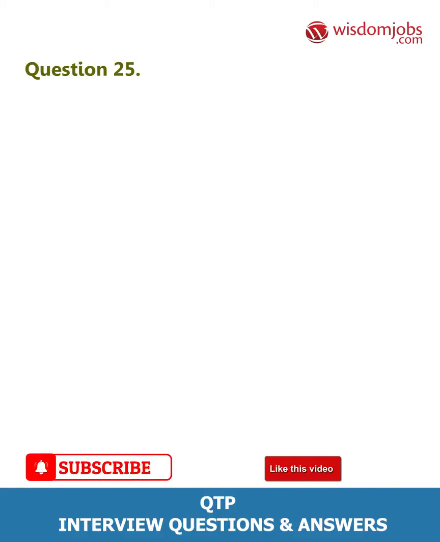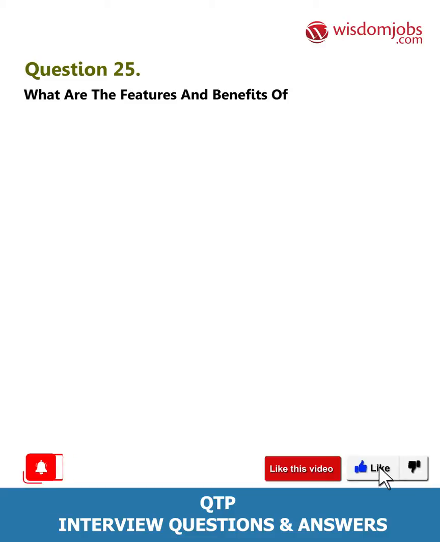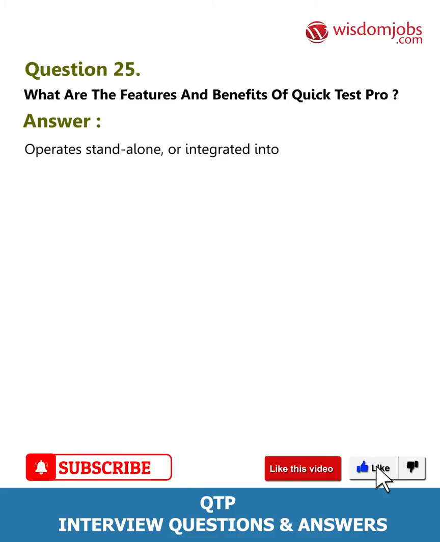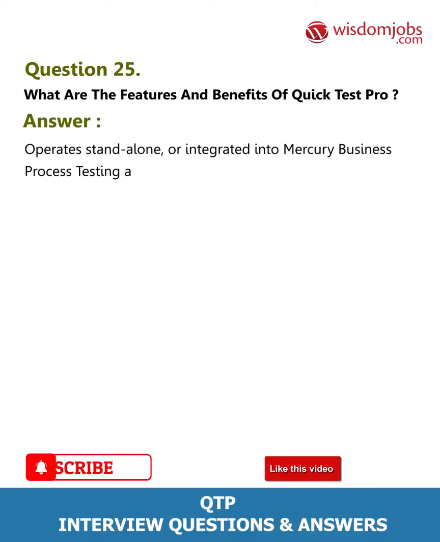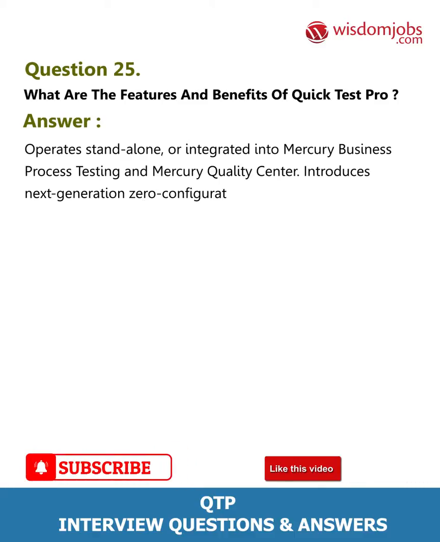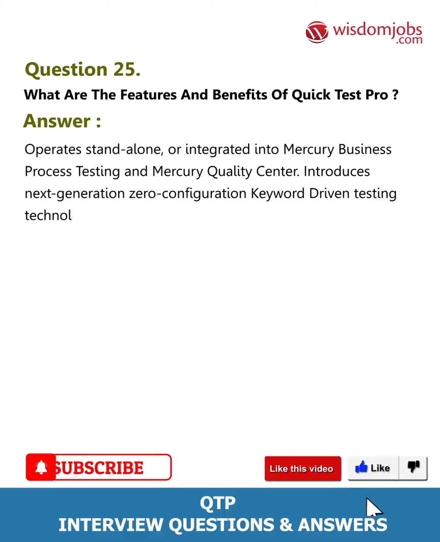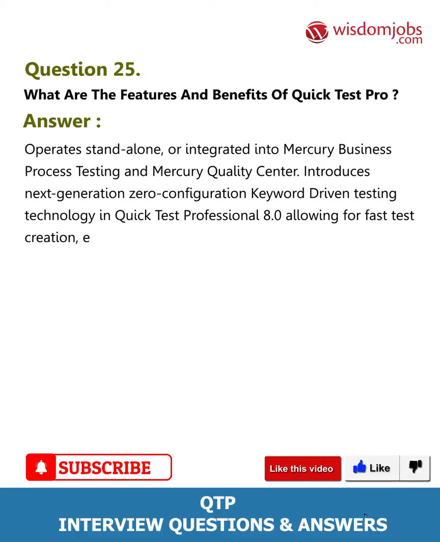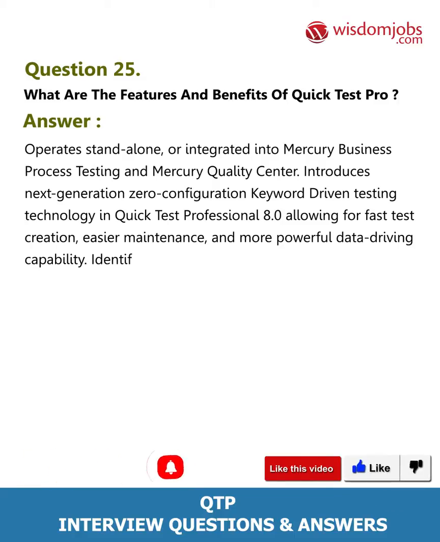Question 25. What are the features and benefits of QuickTest Pro? Answer: It operates standalone or integrated into Mercury Business Process Testing and Mercury Quality Center. It introduces next-generation zero-configuration keyword-driven testing technology in QuickTest Professional 8.0, allowing for fast test creation, easier maintenance, and more powerful data-driving capability.